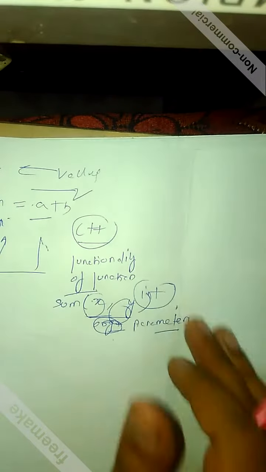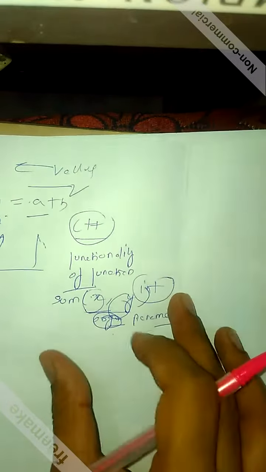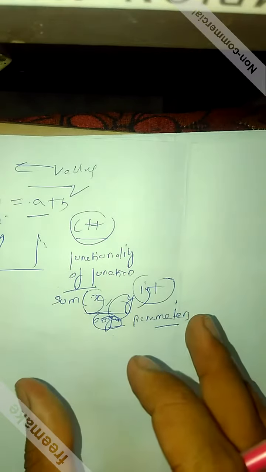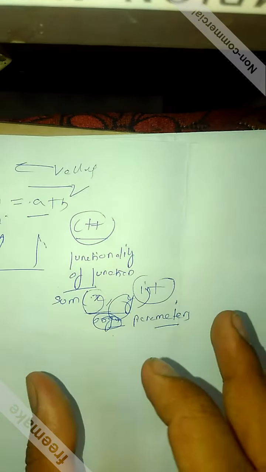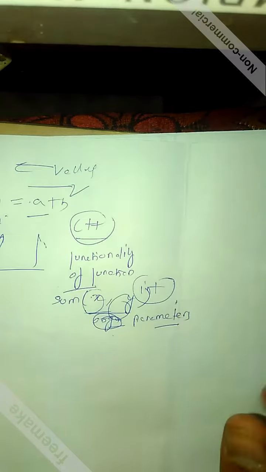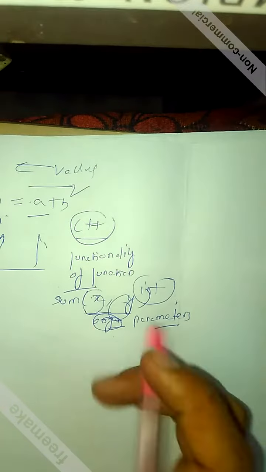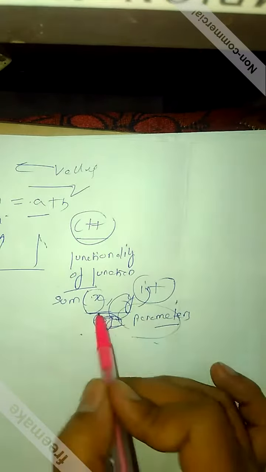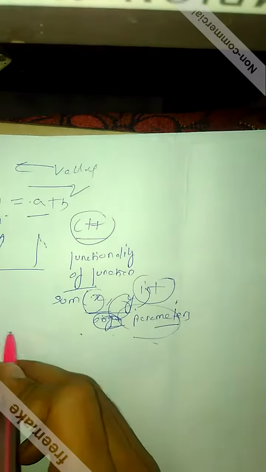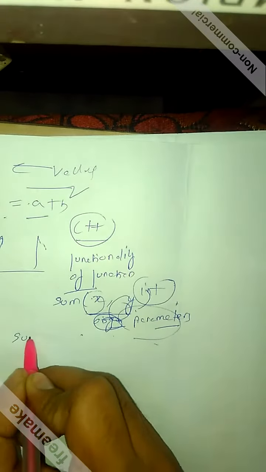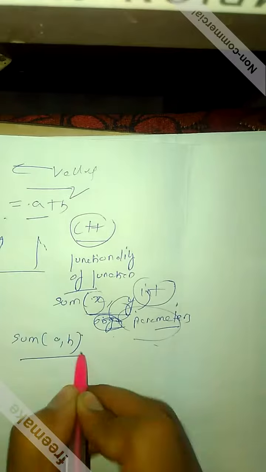I'm not talking about declaration or syntax. I'm just trying to define and explain the process and the concept here. So don't worry about the syntax now. These are parameters which will be passed. For example, I want to do the sum of a and b, so I will just pass a and b.